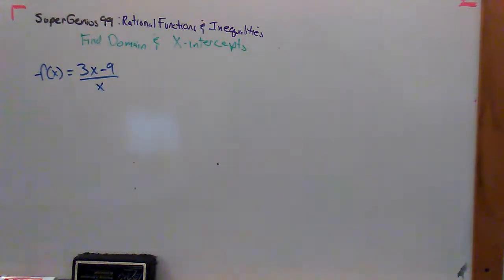Okay, so quick review. What does it mean when a question asks you to find the domain? That's all the possible x values that will fit in this function. In other words, when we put in an x value, it will not give us undefined or non-real numbers.